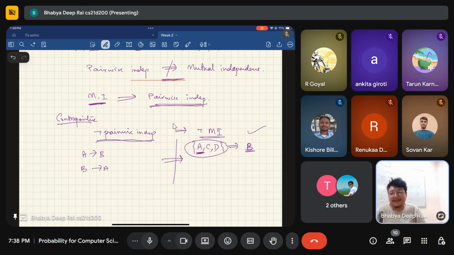For example, take a case where there are two events such that A causes B, so B is dependent on A and they are not pairwise independent. Or B causes A, it's equivalent. Let's take A causes B. Then if you take a set A, C, D happening, since A happens, B should happen. But then these events are not mutually independent, right? If you take omega equals ABCD.